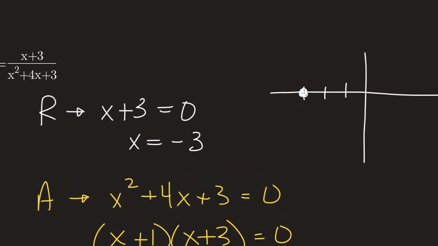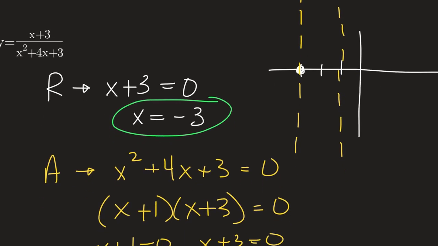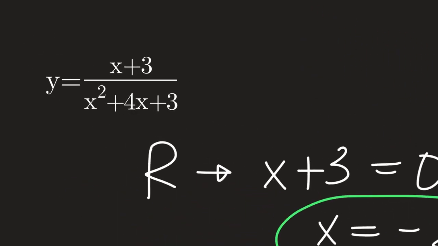So once again, here we're going to run into this novel situation where we have an intercept and an asymptote at the same place. Okay, so we have an intercept at negative 3, we have an asymptote at negative 3, and this, once again, can't happen. So that's going to lead us to come back up to our equation and factor it. Okay, so the top doesn't change, just x plus 3.